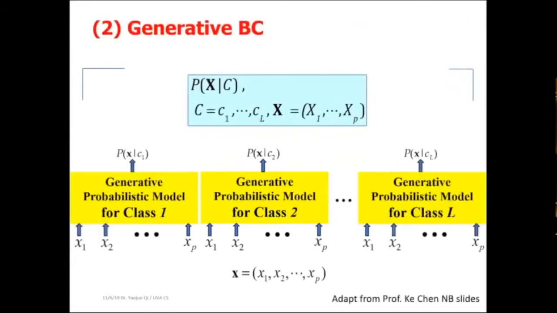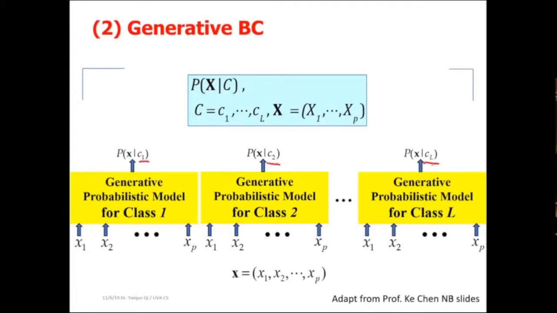Then let's see the other regime. What is the generative Bayes classifier? Instead of directly modeling P(C | x), it models P(x | C). If you have C1, C2, up to CL, L different classes, you're going to have L different models.